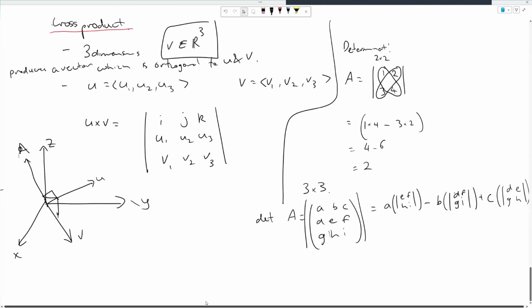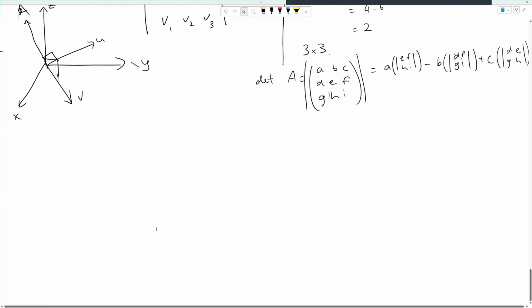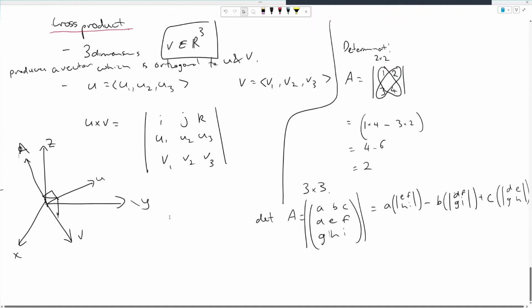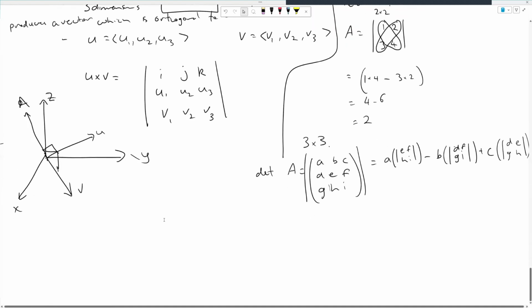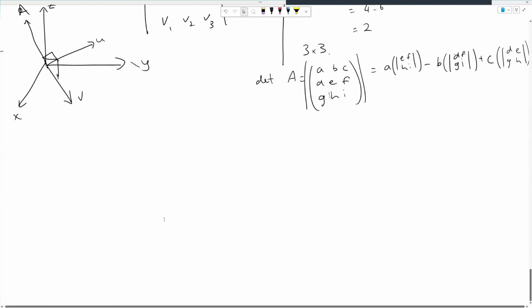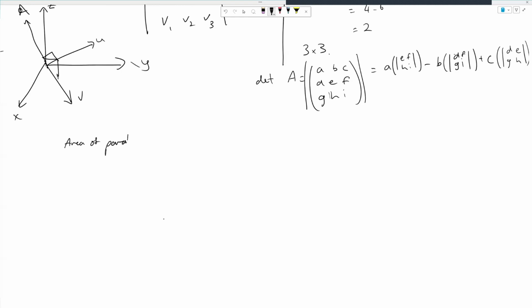Interestingly, the cross product, I'll get you guys to compute this in a question. I won't show you how to compute it for now, but I just wanted to go through more interesting things with the cross product. So the area of a parallelogram which is spanned by vectors a and b. Let's say I've got a vector here and another vector here.